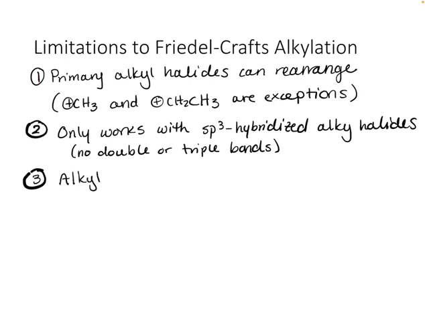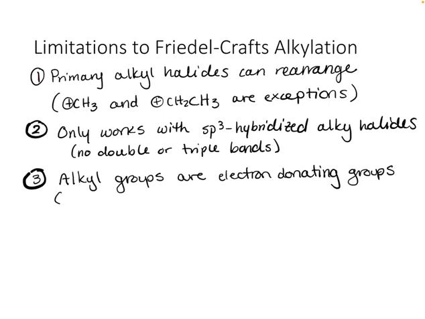So alkyl groups are electron donating groups, or activating groups. And we'll talk more about activating groups later on. But really what this means is that you're going to see over-alkylation.